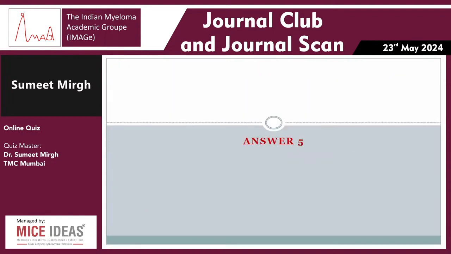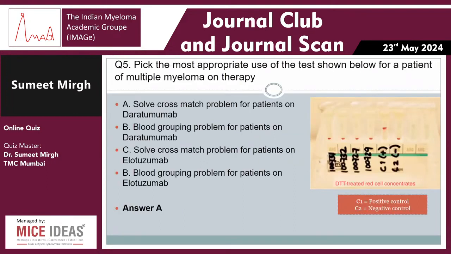Coming to the last question, answer 5. DTT means dithiothreitol. This is basically an agent to cleave off the CD38 on the reagent RBCs, because daratumumab leads to a positive indirect Coombs test, which creates a problem for cross-matching, especially when you have to give further blood transfusions to patients previously treated with daratumumab.